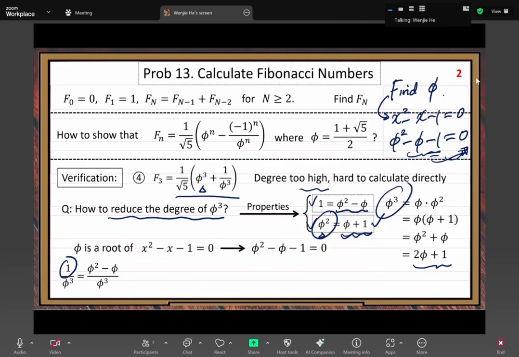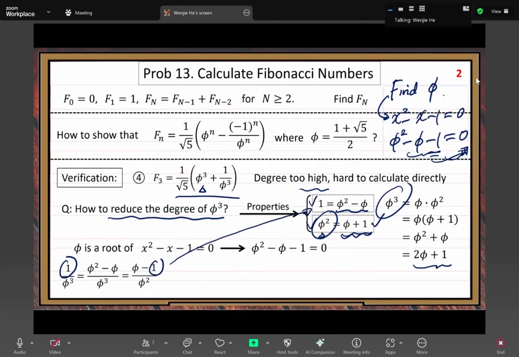All right. After cancellation, we have this numerator phi minus 1, denominator phi squared. Simpler than before, but not enough, because you see another 1 here. When we see 1, you can connect to the first property of the golden ratio.